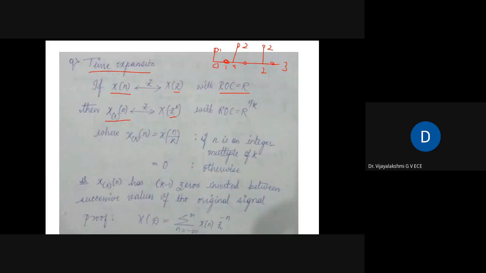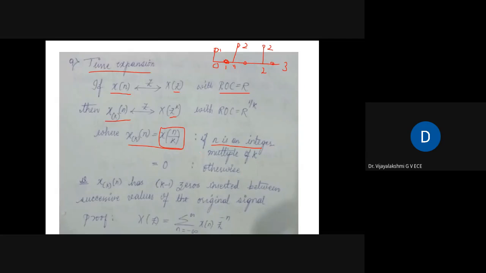How is it expanded? See here. xk of n is equal to x of n by k. That means you are expanding. This is nothing but expansion. And when will it expand? Only when n is an integer multiple of k.